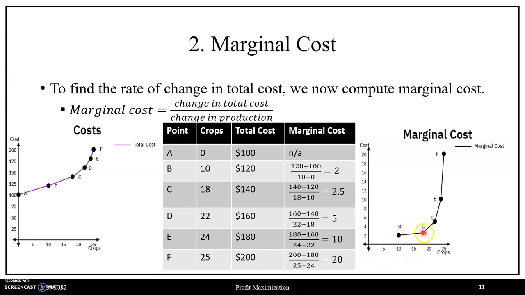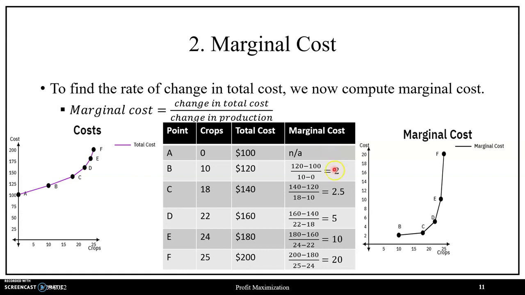From points B to C, C to D, D to E, and E to F, marginal cost is increasing. Another way to restate that is that our change in total cost is positive, and our change in production is also positive, and the change in total cost outweighs the change in production, which gives us that interpretation of an upward sloping marginal cost curve.